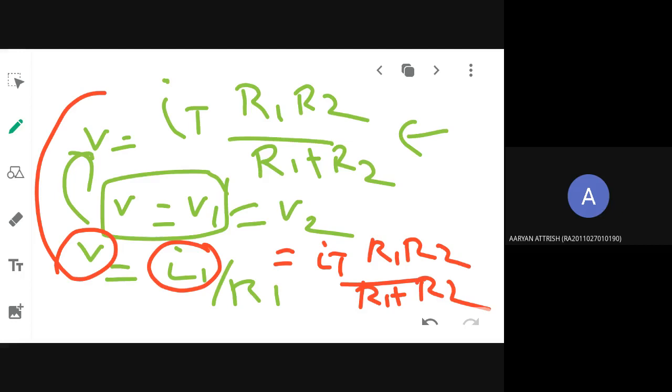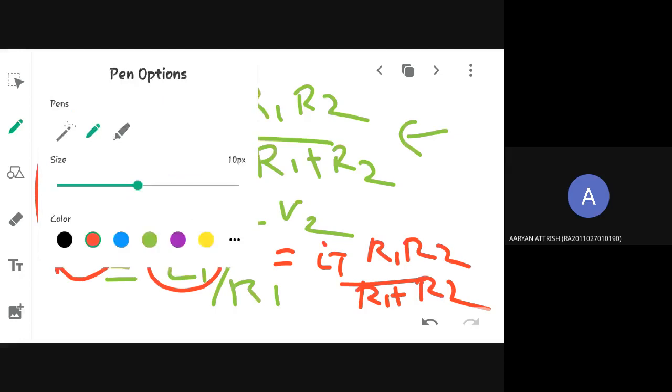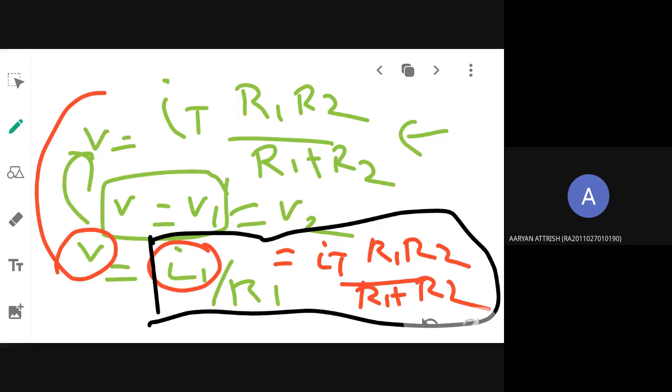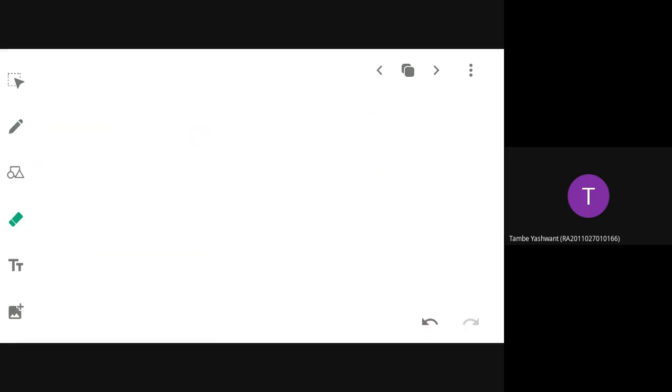Now what value of resistance will get cancelled if I am grouping these? R1. This equation I am equating now. If I am simplifying it, what will get cut? Sorry, I was doing it wrong. What is the formula for V1?